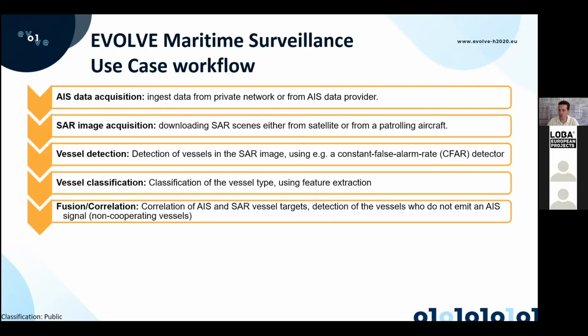This is not normal, because the vessels which are large enough to be visible on the SAR image should be obliged to emit AIS information. That's why we label them as non-cooperating vessels. These are vessels that need to be further investigated.